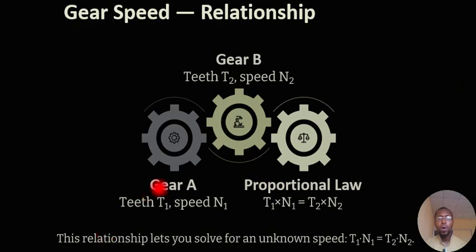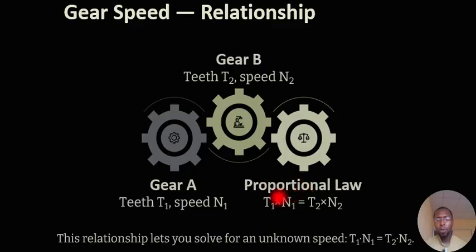So what is now the relationship between two gears that have speed? Imagine you have gear B that has teeth T2 and speed N2, and you have gear A that has teeth T1 and speed N1. How do you compare this?